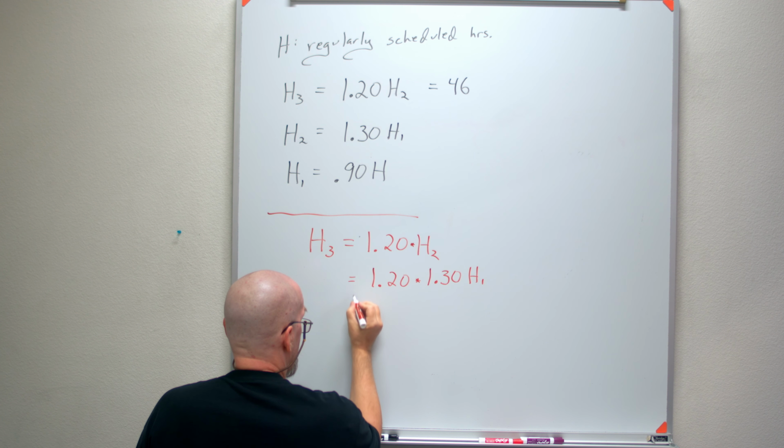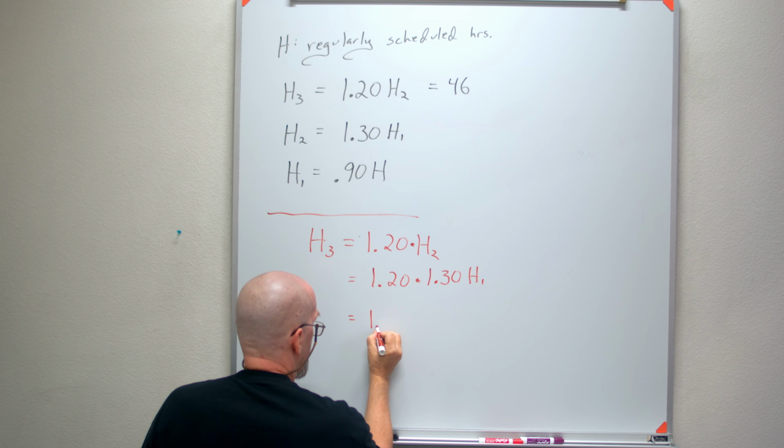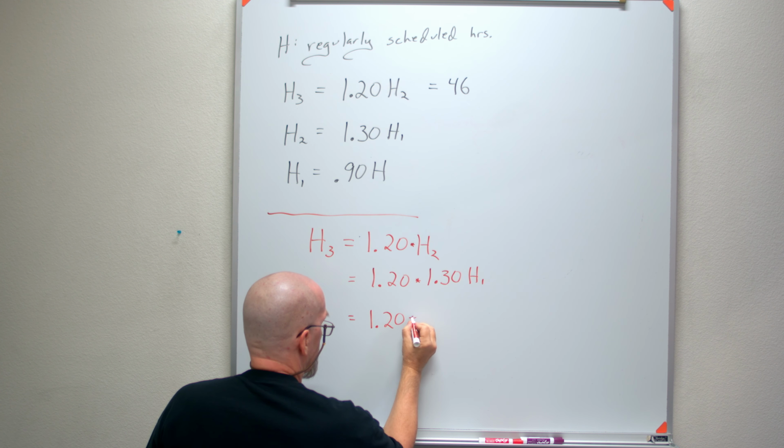And then I can repeat the process called substitution. I'm going to substitute in for the H1. I'm going to plug in the 0.90H because we are solving this for H, which is our regularly scheduled hours.